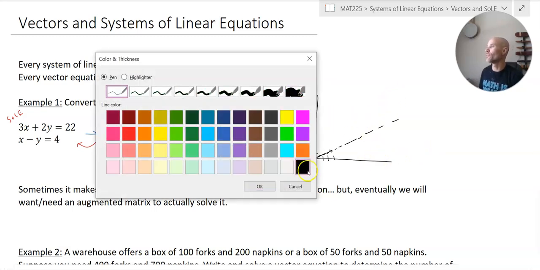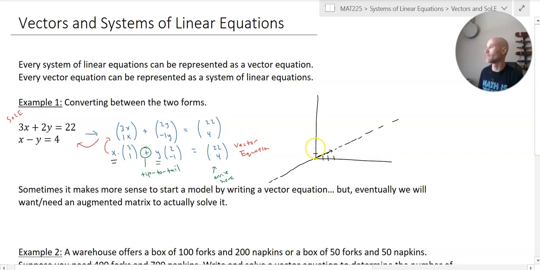Now the point 22, 4 is going to be somewhere way out here, right? I'm not going to draw this very accurately, but how would I essentially take the 3, 1 vector, scale it, and add the 2, negative 1 vector? Well, you can imagine that I'd probably have to scale this thing up a bit, and then maybe that would land me here.